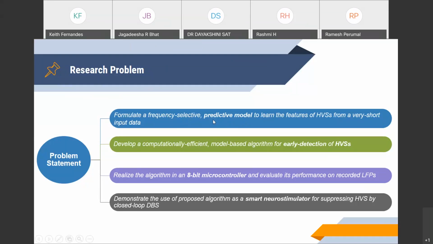We need to formulate a frequency selective predictive model to learn the features of high voltage spindles from a very short data, because if it learns from a long period of data, there is no necessity for this algorithm, as finally it is going to be deployed in a low power device that does not have large memory.